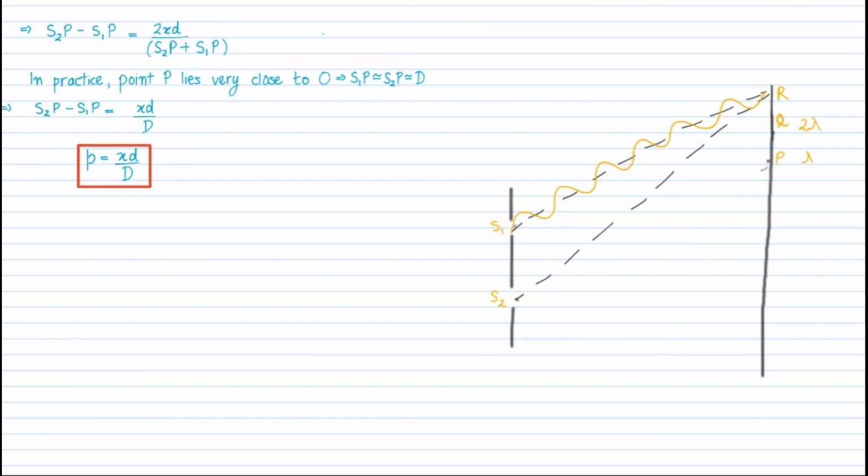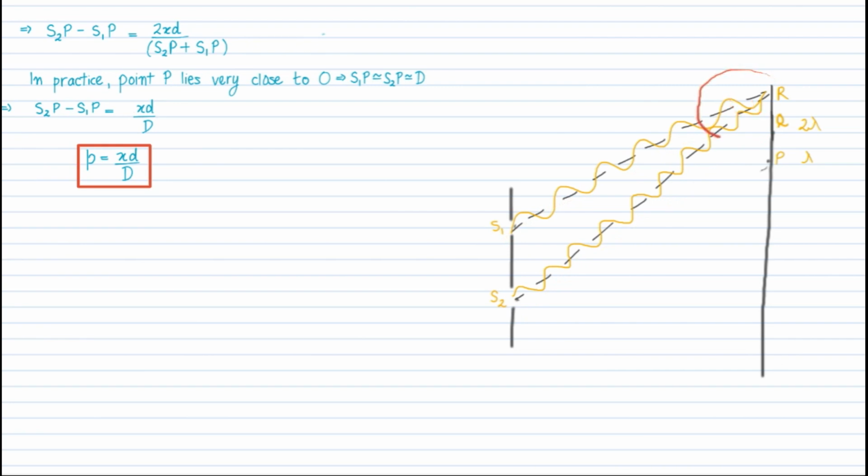Now consider the light traveling from point S2 to the point R. One wavelength, two, three, four, five, six, 7, 8, and 9. So in this case the light was traveling 6 wavelengths, and in this case the light is traveling 9 wavelengths.